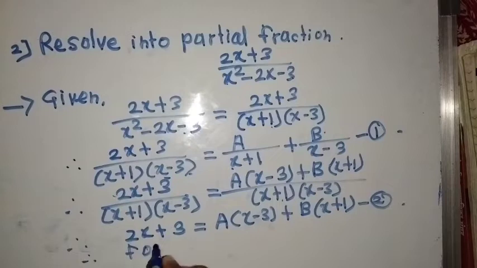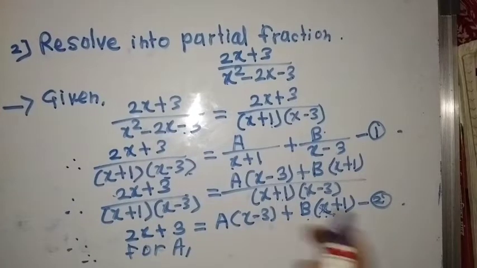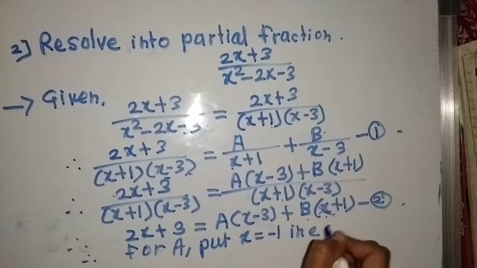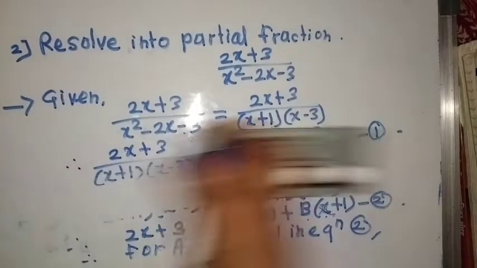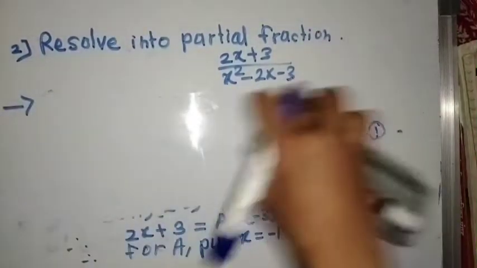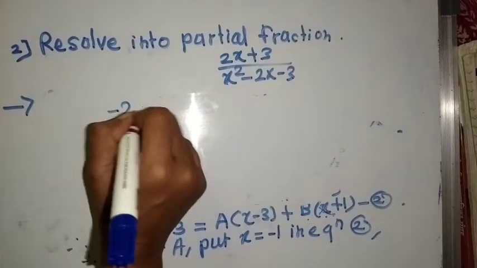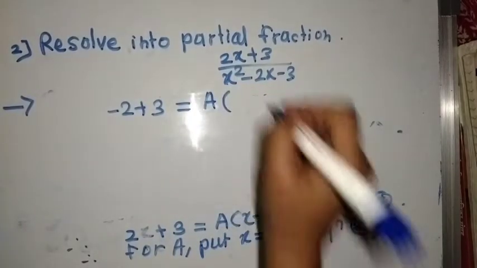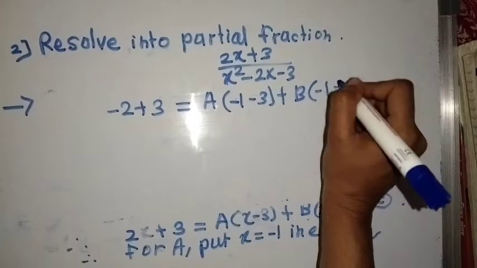Then to find out the value of a, b 0 must come in place of x. So x is put equal to -1 in equation 2. Then we put x is equal to -1 in equation 2: -2 plus 3 is equal to a(-1 minus 3) plus b(-1 plus 1).